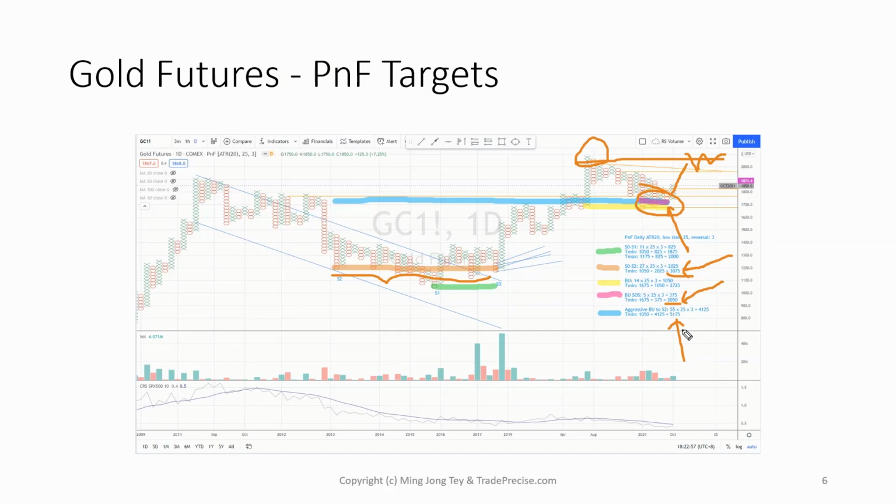So we still have a further aggressive count in this chart, but just by using this aggressive count for this backup action all the way to here, it is somewhere around 5,000. So there's certainly a lot of fuel in the tank and a lot of upside for the gold futures.